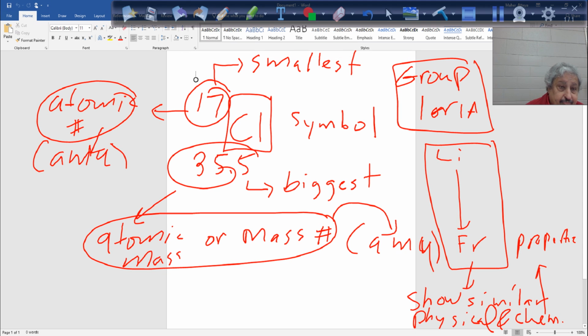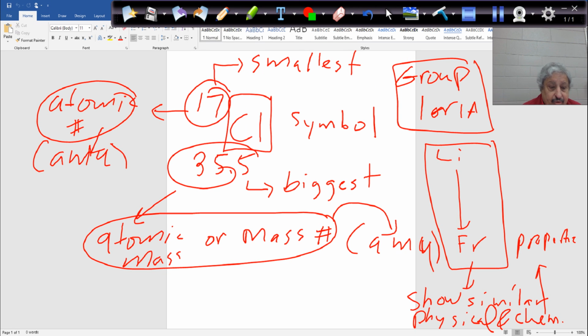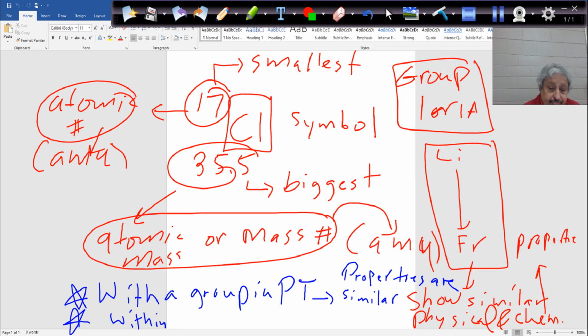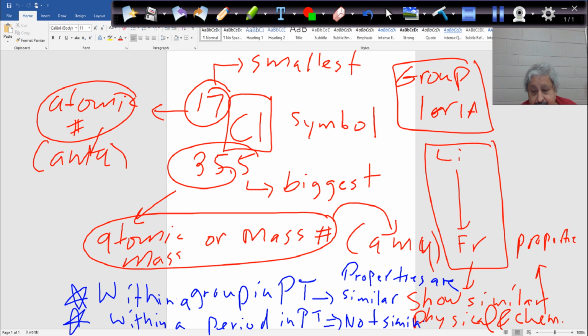So, let's put this here: within a group in the periodic table, properties are similar, and within a period in the periodic table, not similar. This is very important to know.